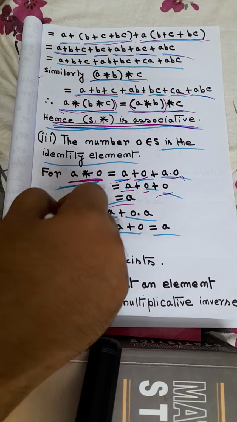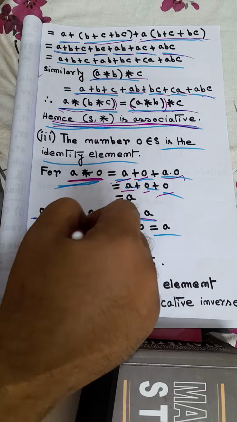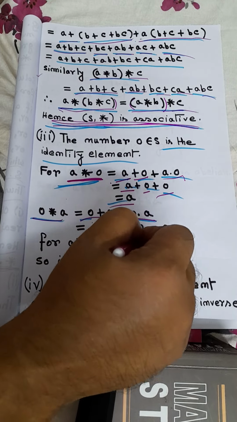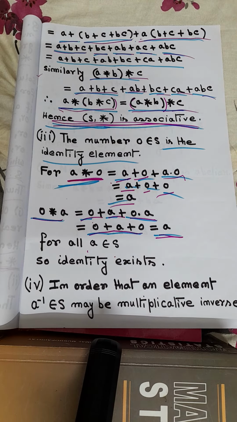Then 0 binary operation a, we will get 0 plus a plus 0, that is equal to a. So for all a belonging to S, we can say identity exists, and the identity is 0 here, right?